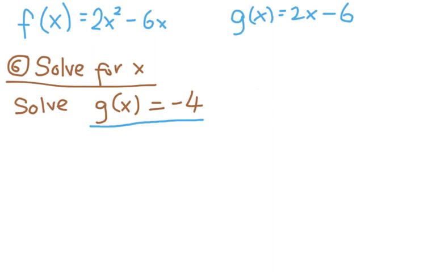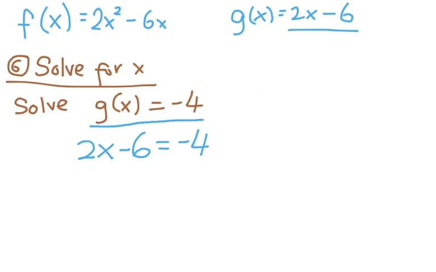We know that function g is 2x minus 6. So we substitute the function g into our g of x here. We have 2x minus 6, and it says that function g equals negative 4, so we put equals negative 4. Now to solve for the value of x, we need to move everything to the other side.